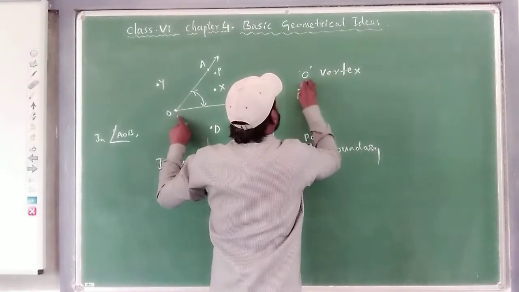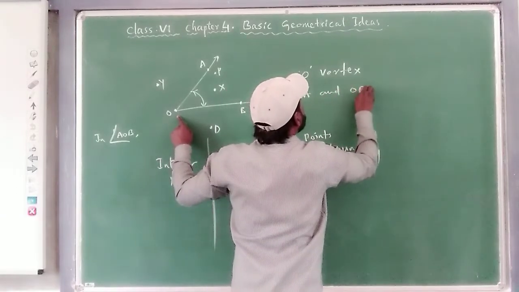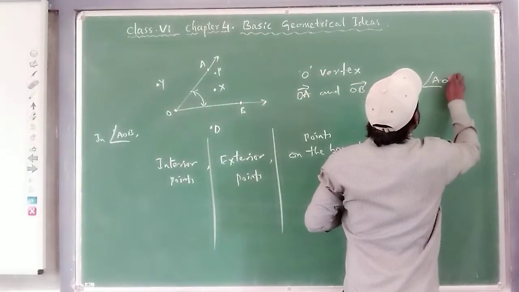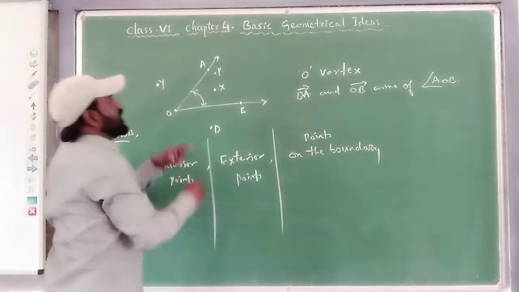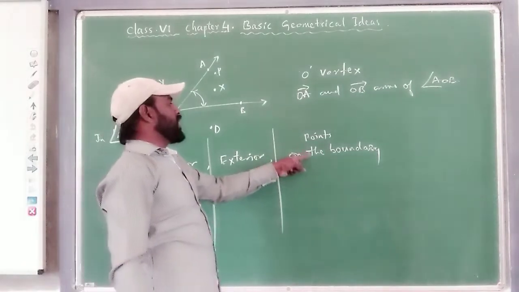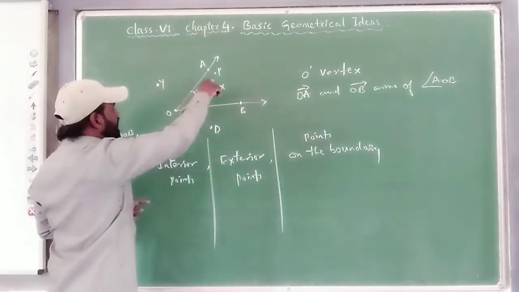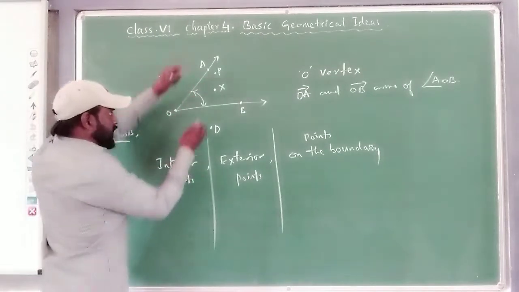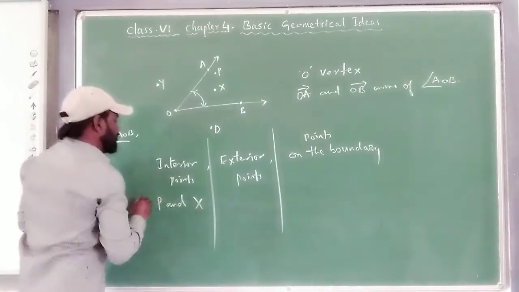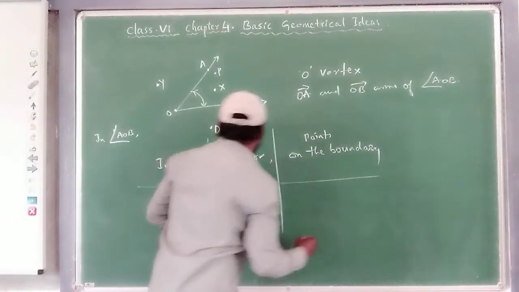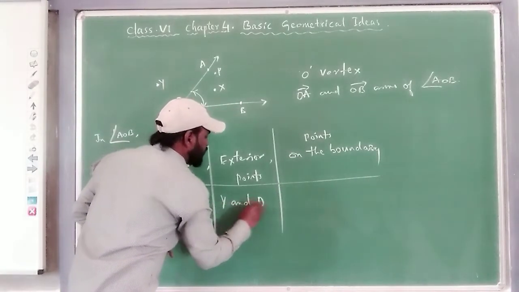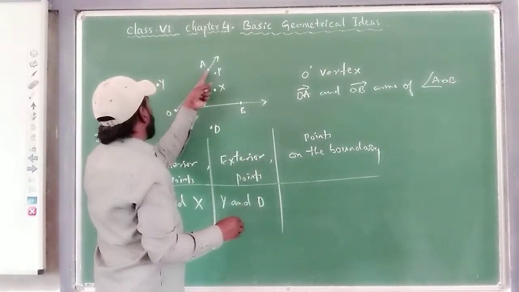And OA and OB both are the arms of angle AOB. So this angle is dividing the plane surface into three regions. What are they? Interior points, exterior points and points on the boundary. Look at this figure. Here the interior points are P and X, inside the two arms. So points P and X both are interior points. Exterior points are outside that: Y and D. And the points on the boundary: A, O, B.